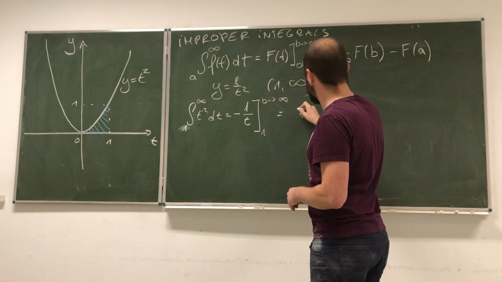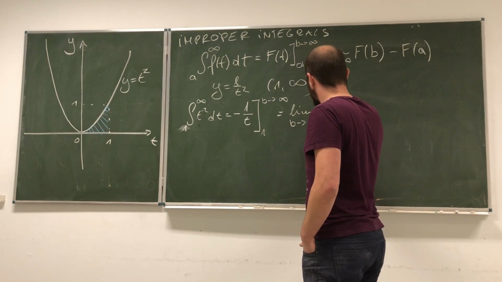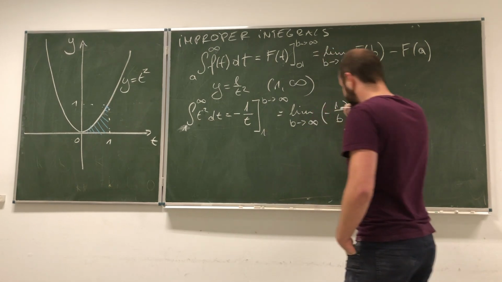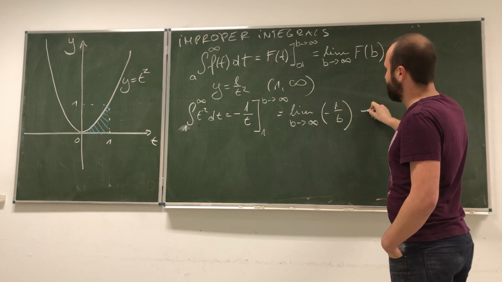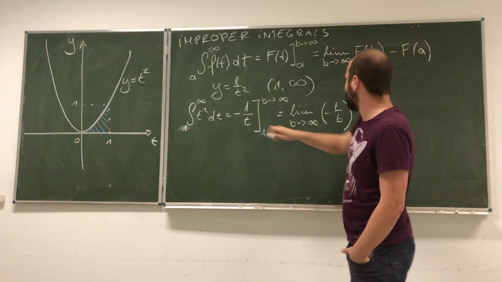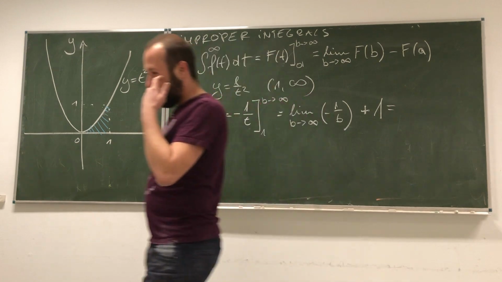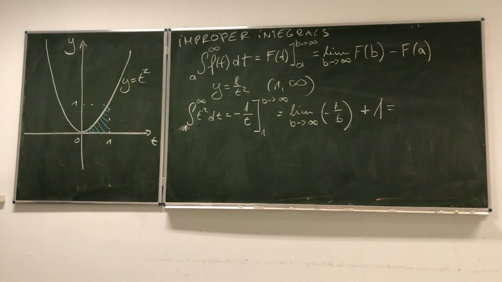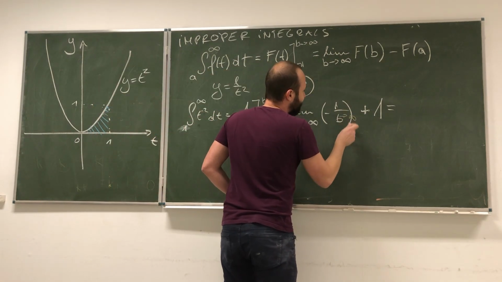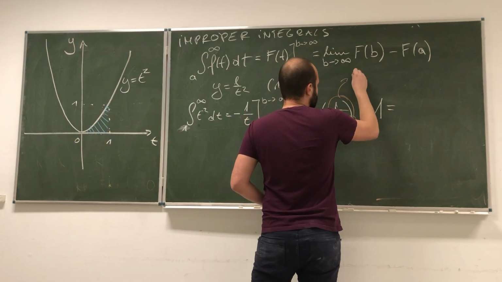So now we get out of this that this equals the limit with b approaching infinity of negative 1 over b minus, because we have minus in front, this will be plus, and because it's 1, just 1. And now look, it's really easy to evaluate the limit here, because as b goes to infinity, we are dividing 1 by a bigger and bigger number, so this expression goes to 0.